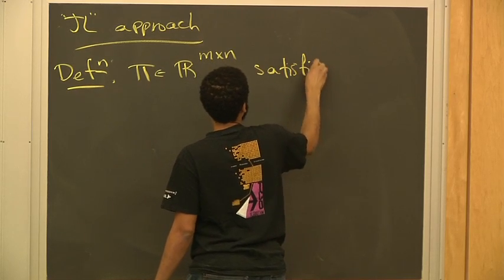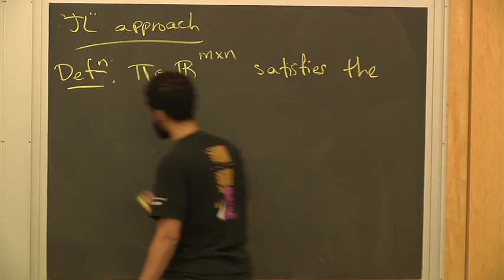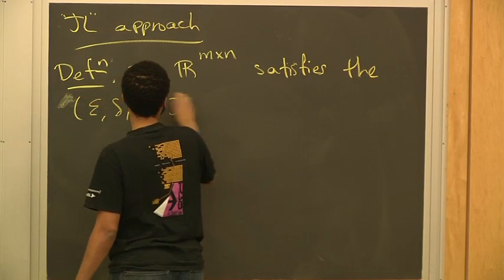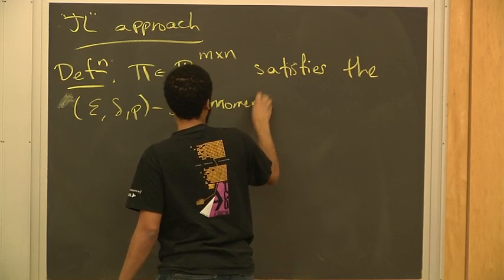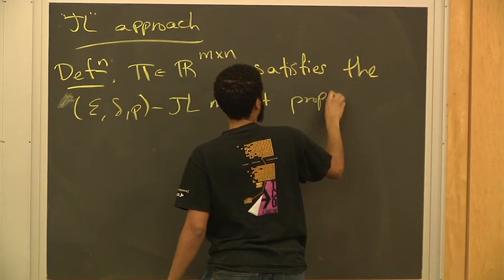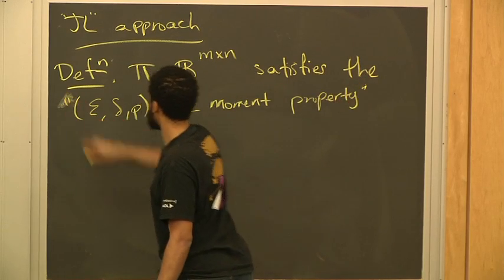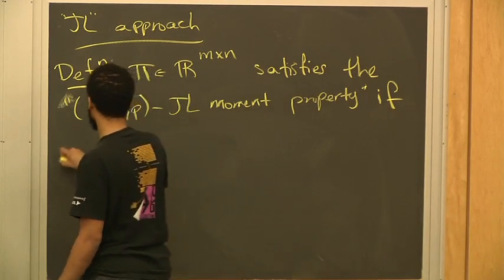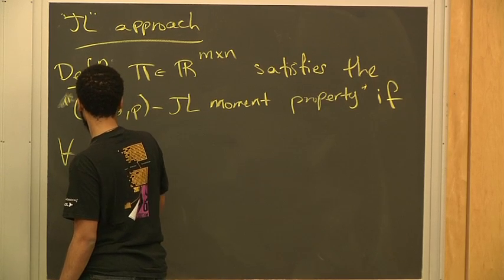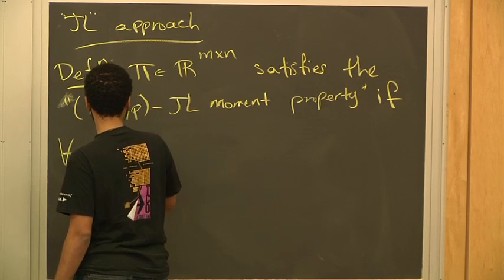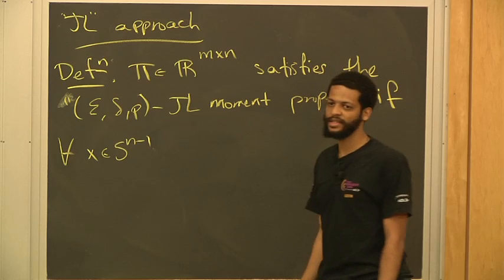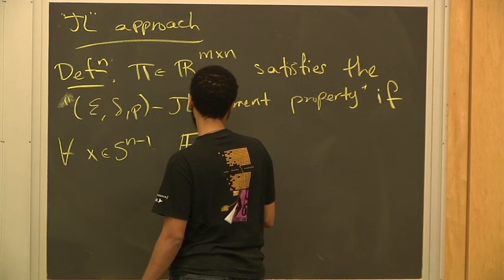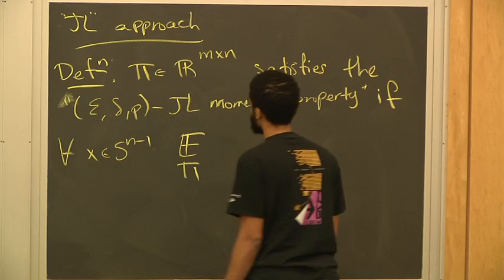We say it satisfies the epsilon, delta, p JL moment property if the following is true: for all x in the sphere, so all n-dimensional x which have unit norm, the expectation over pi of the pth moment of the error, that is, the expectation of |‖pi x‖₂² − 1|^p, is at most epsilon^p times delta.